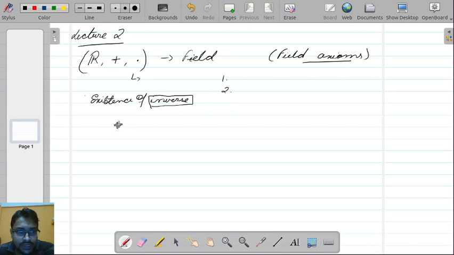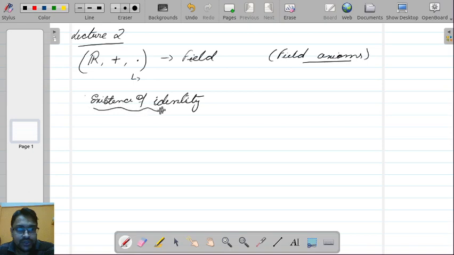For existence of identity and existence of inverse, one question arises about uniqueness. In our axioms what we had listed was that there exists an identity element.